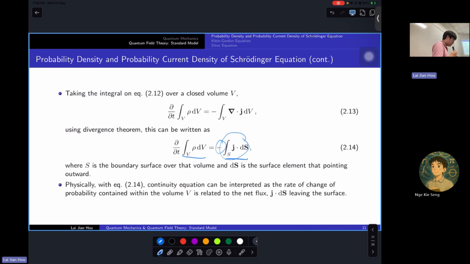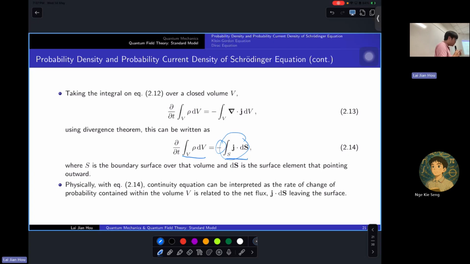This is why we call it the continuity equation, and the continuity equation is important, if I'm not mistaken, for Noether's theorem, which is about having a charge and a current. If it satisfies this continuity equation, the term will be constant.